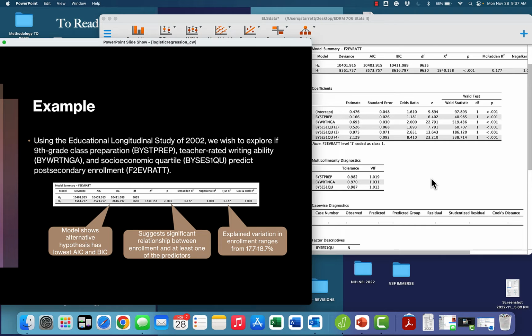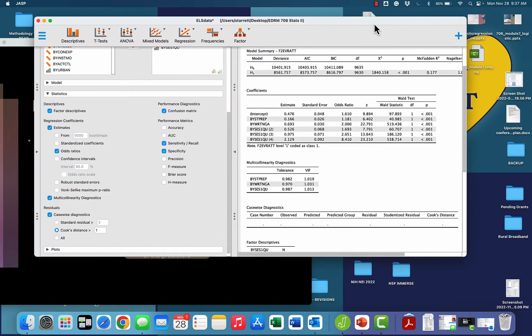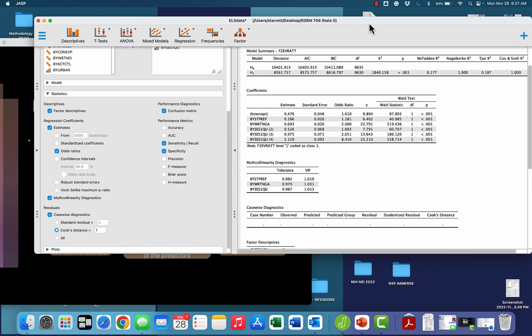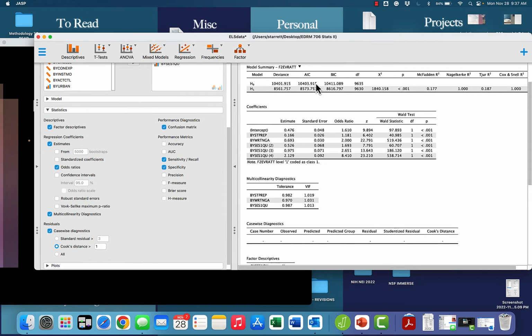All right, let's take a look up here at our model summary. Looking at the AIC and BIC, we see that the AIC and BIC are both much smaller for our alternative model that has predictors compared to our null model that does not have predictors.